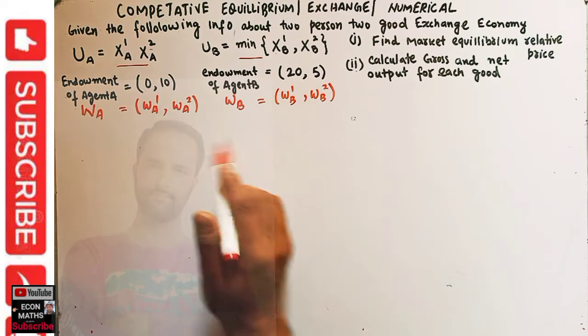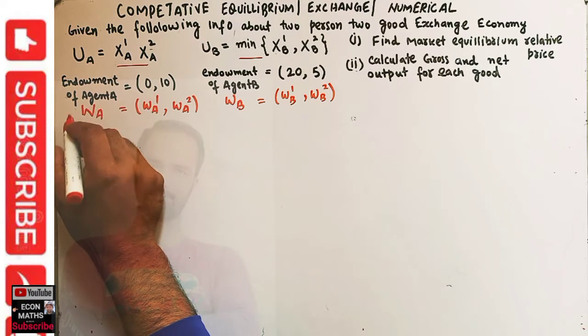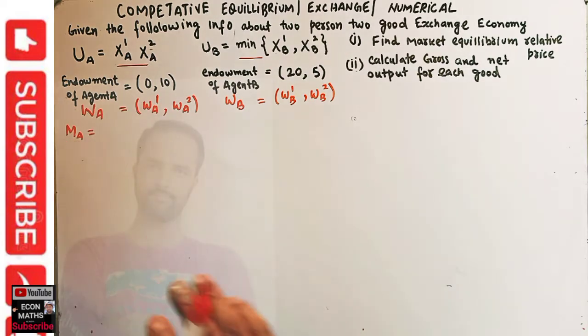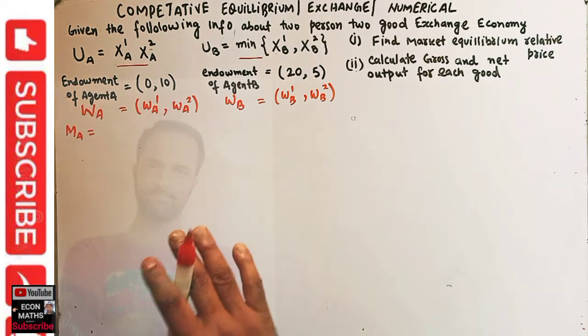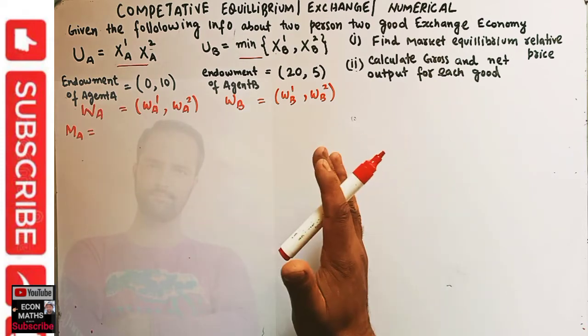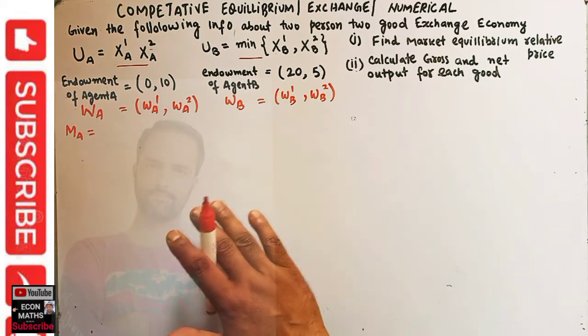First step is to calculate the total income of person A. Let us denote it by M subscript A. What is the total income? We assume that there is no outside income. Whatever a person has is their endowment. Endowment is their income.